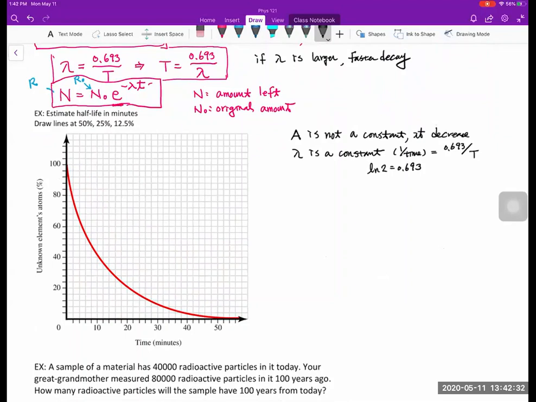This axis represents the amount, and we start at 100%. The way to find the half-life is to find where the amount is reduced to half, which is 50%. So we look at 50% somewhere around here, then go down to the time, and that tells you the half-life.